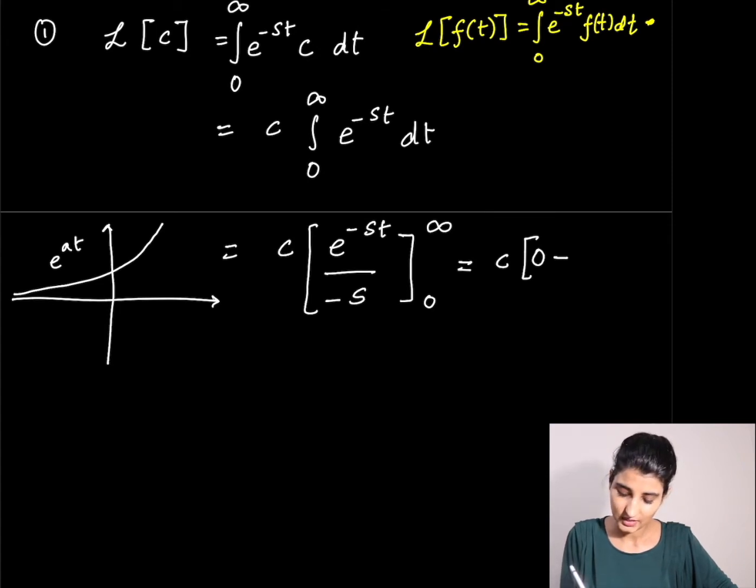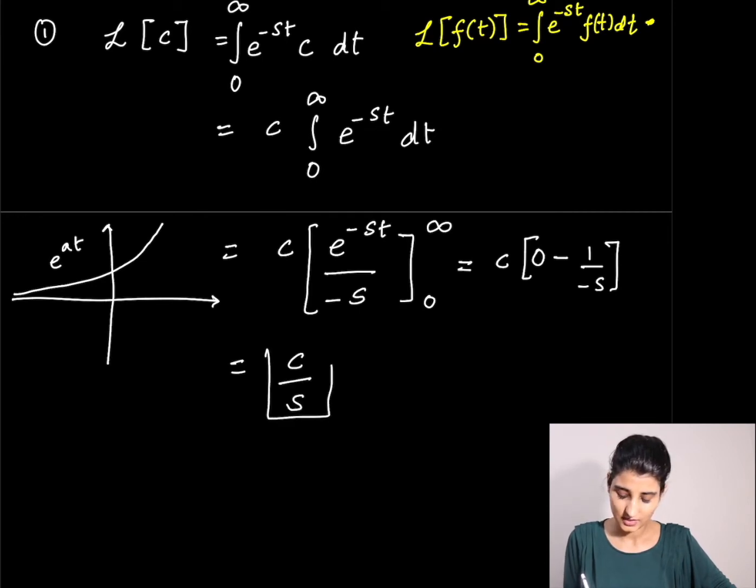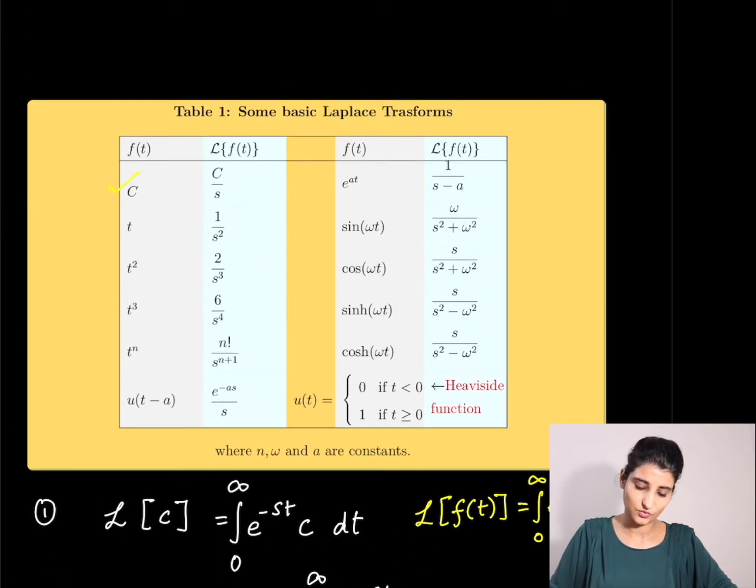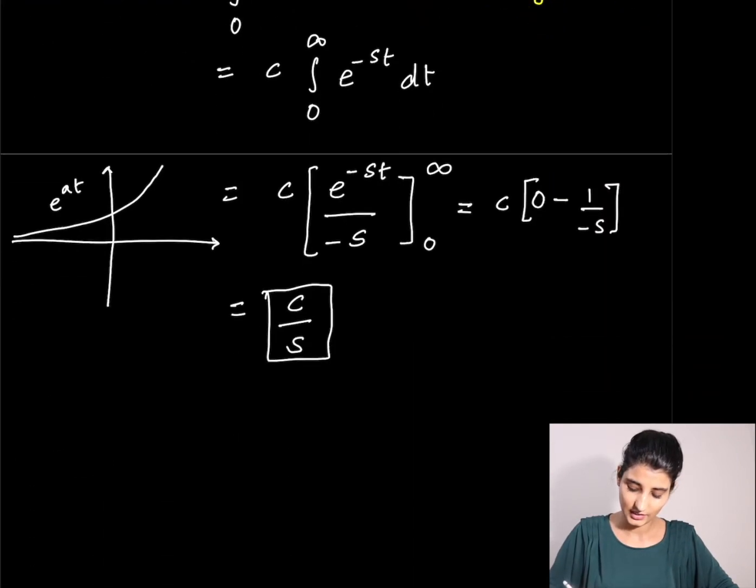So t is 0, e^0 is 1, divided by negative s. The negatives cancel out and your answer is c over s. So we verified the first one.